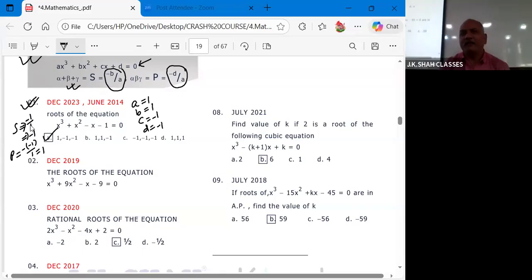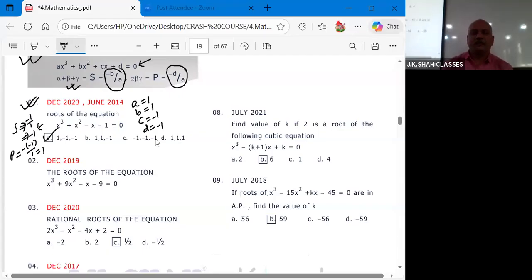Minus b is 1, a is 1, so it will be -1. And the product is minus d by a. Minus d is -1 and a is 1, so it becomes 1. Now we have to choose the answer where the addition is -1 and the product is +1. Understood?